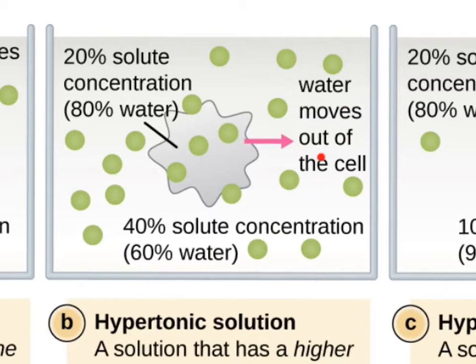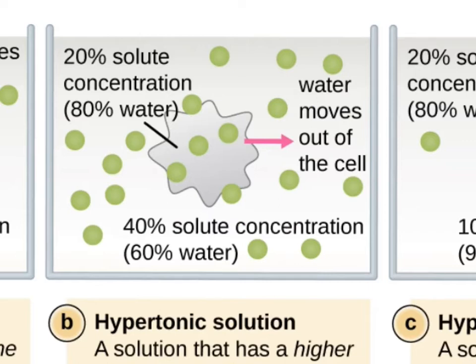So we have low energy water out here, and then we have more dilute water on the inside of our cell. Lower solutes means higher water potential or higher potential energy, so the water moves from high energy to low. So in this example, we have low energy water on the outside because there's more solutes, high energy water on the inside, and the water flows out.